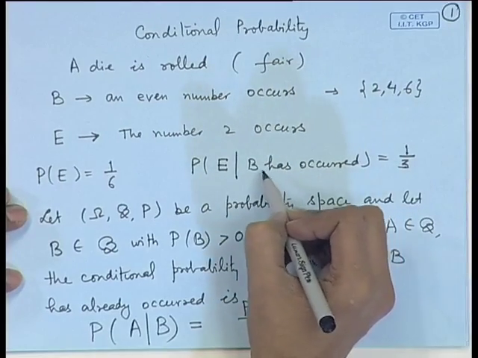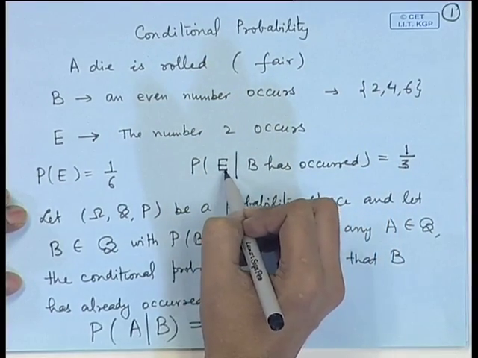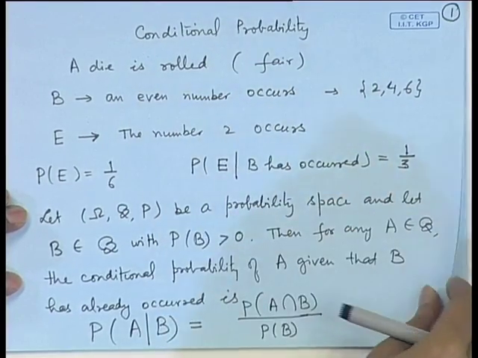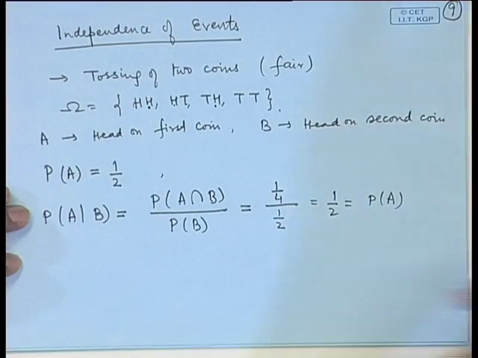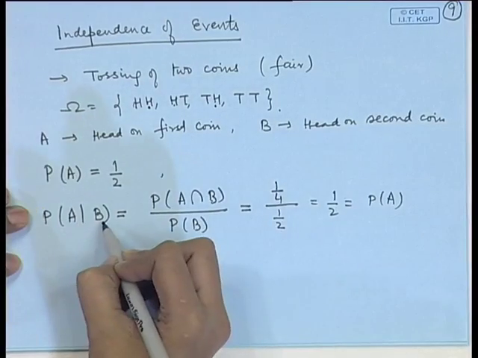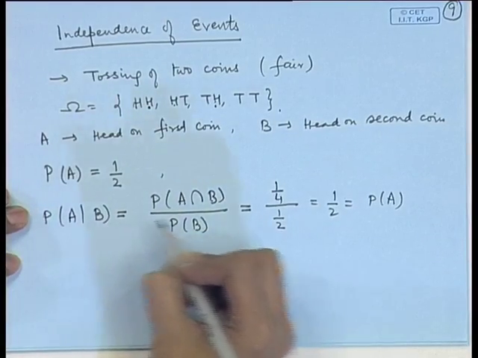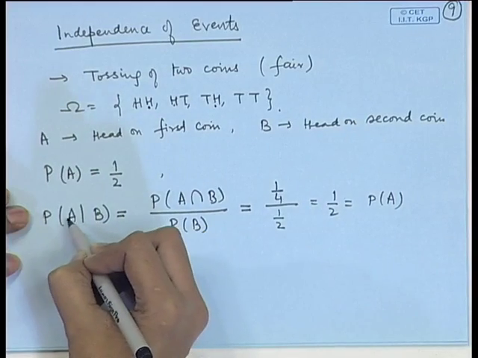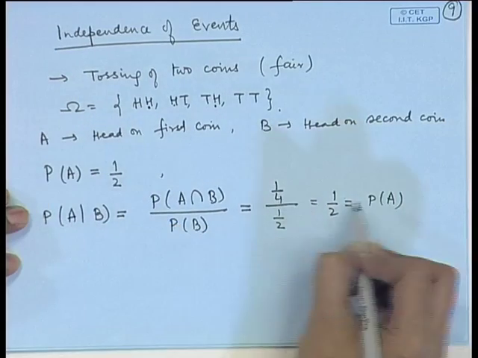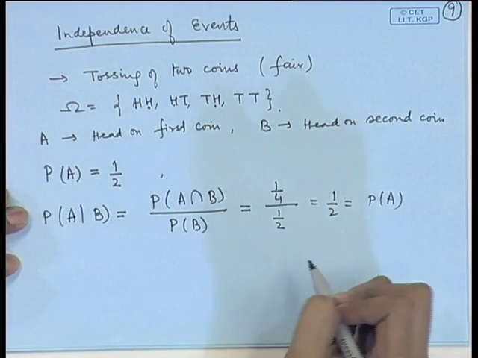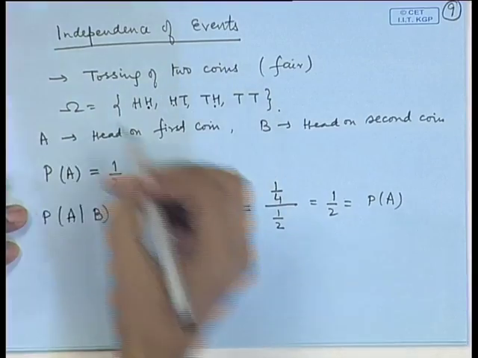It means that happening of B definitely affects the happening of E, whereas in this one probability of A and probability of A given B is the same. That means, happening of B does not affect happening of A. This means, the happening of A is independent of the happening of B. This is the concept of independence of the events.